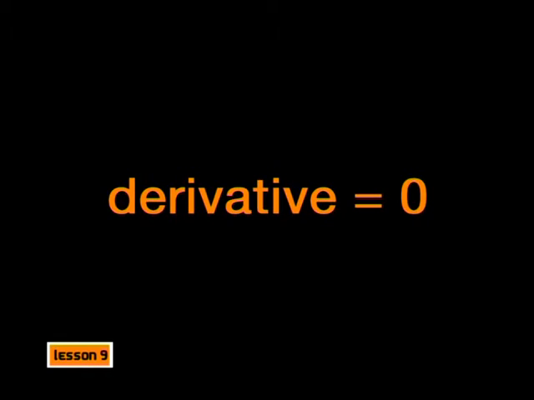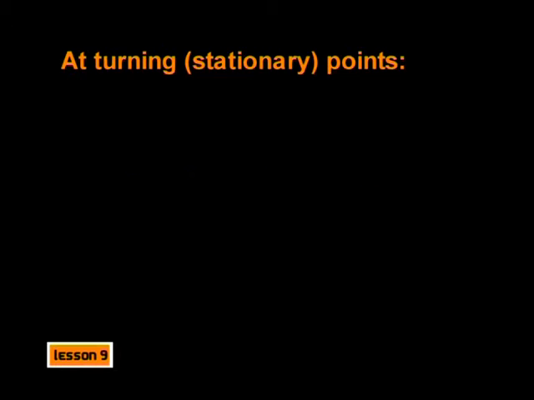Okay, well, what I do know for sure is that the derivative is 0 at the turning points, although you prefer to call them stationary points. Great. So I suppose that I should set the derivative equal to 0 and solve the equation. At the turning or stationary points, the derivative has a value of 0.